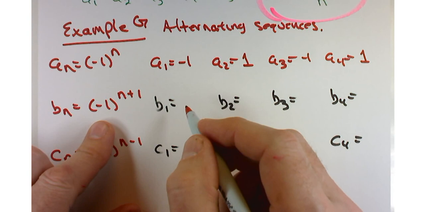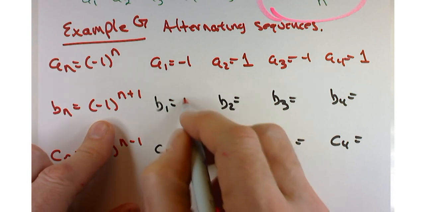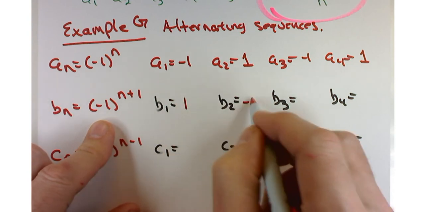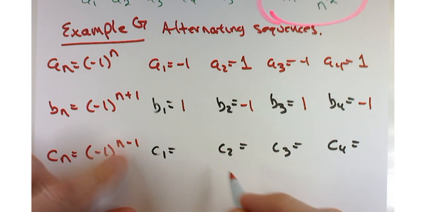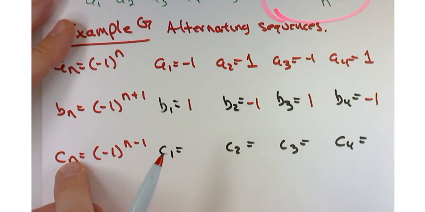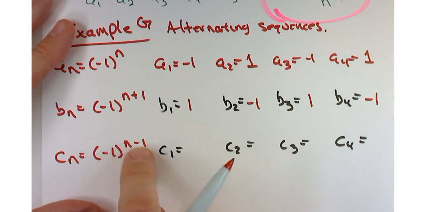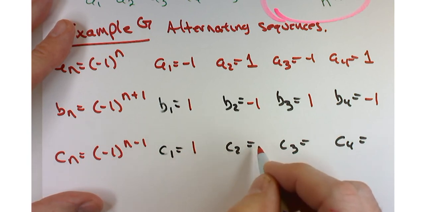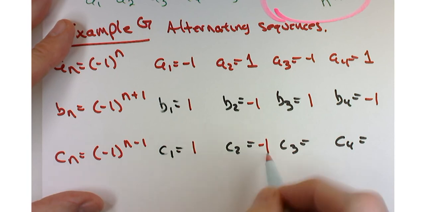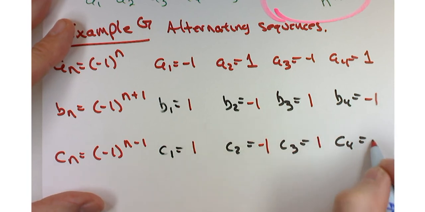Caleb? It'll be positive one, then a negative one, and then one, and then negative one. And interestingly enough, if you put in a 1 here, what's 1 minus 1? It's 0. What's -1 to the 0 power? 1. Not 0. 1, -1, 1.